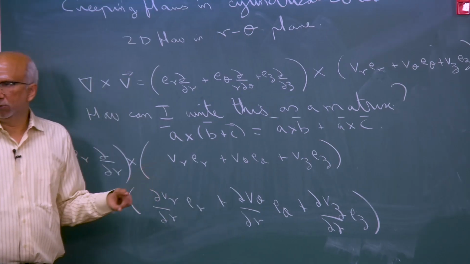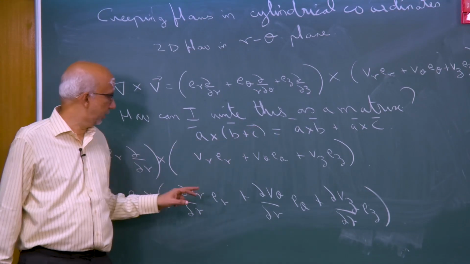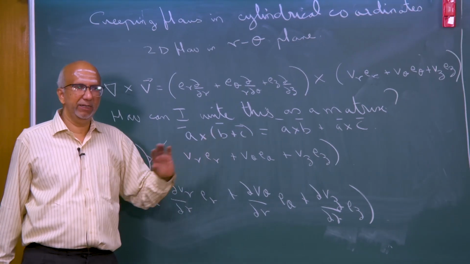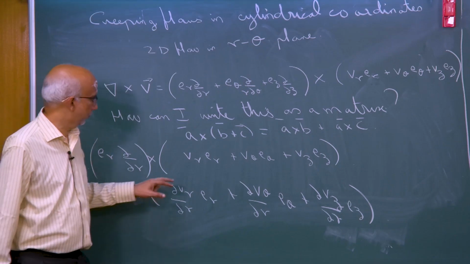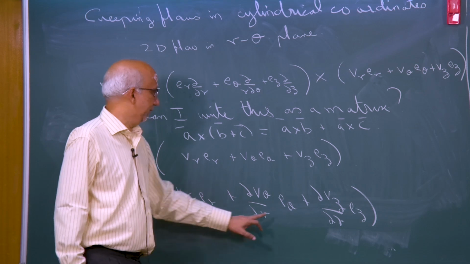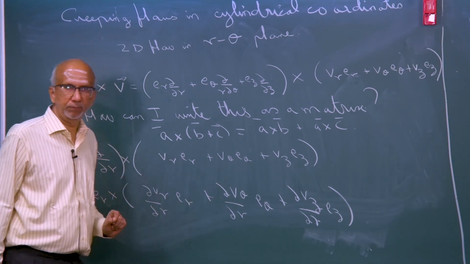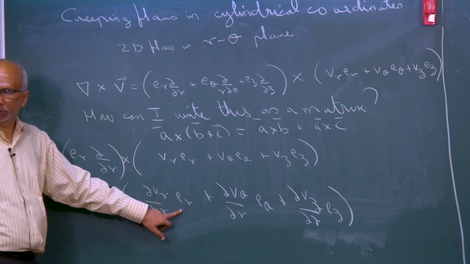You should use the product rule, but when you change R, E theta, ER and Ez don't change, so they are treated as constant. Only these can change with R, and the derivative is only here. So what is ER crossed with ER? That's going to be 0.